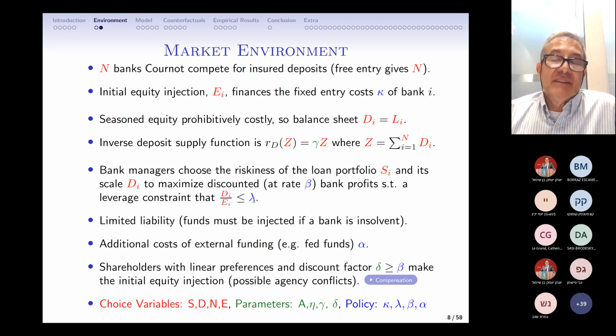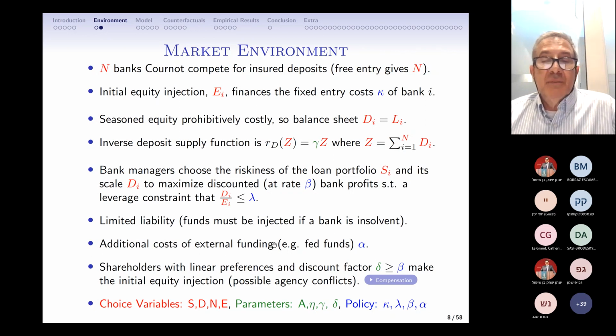Very highly levered banks are more likely to be risky, so what a policymaker can do is just lower lambda, tightening the leverage constraint. There's limited liability, so funds have to be injected if a bank is insolvent.